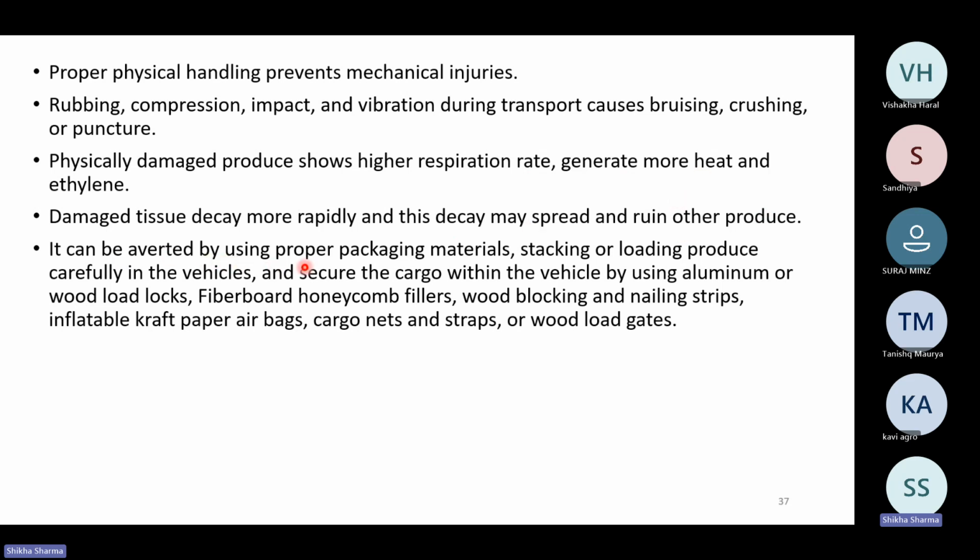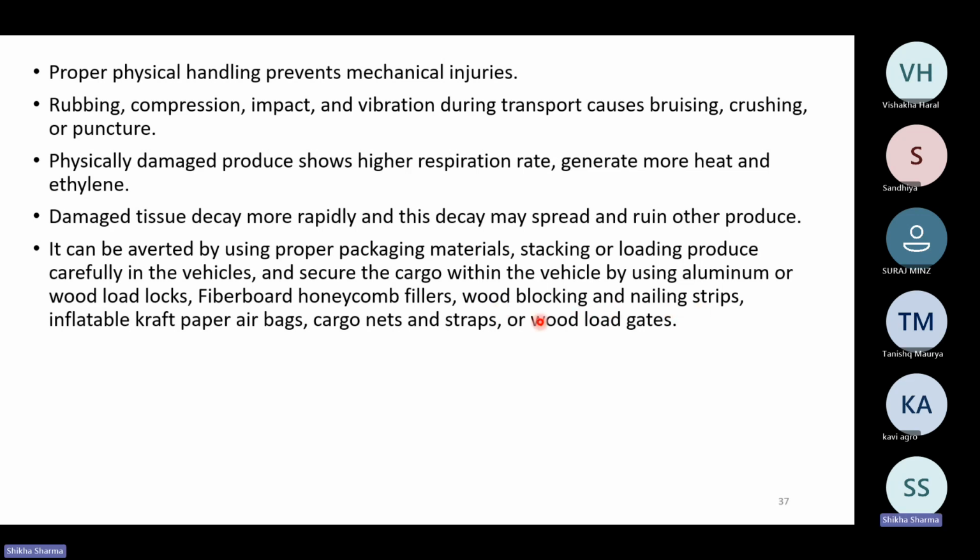This can be averted by using proper packaging material, and by stacking or loading carefully, particularly in the vehicle. We should secure the cargo within the vehicle by using aluminum or wood load racks, wood load locks, fiber boards, honeycomb fillers, or other techniques made from fibers or wood, so we can provide some kind of cushioning effect.